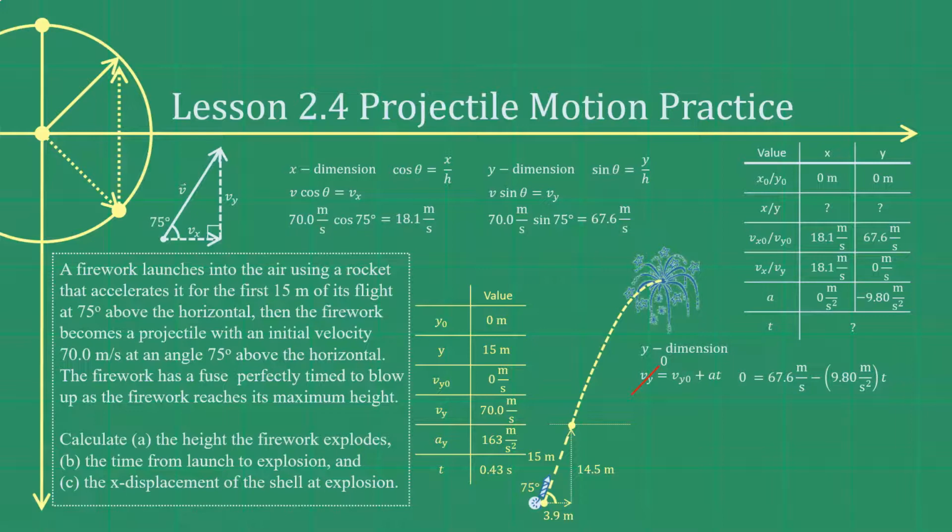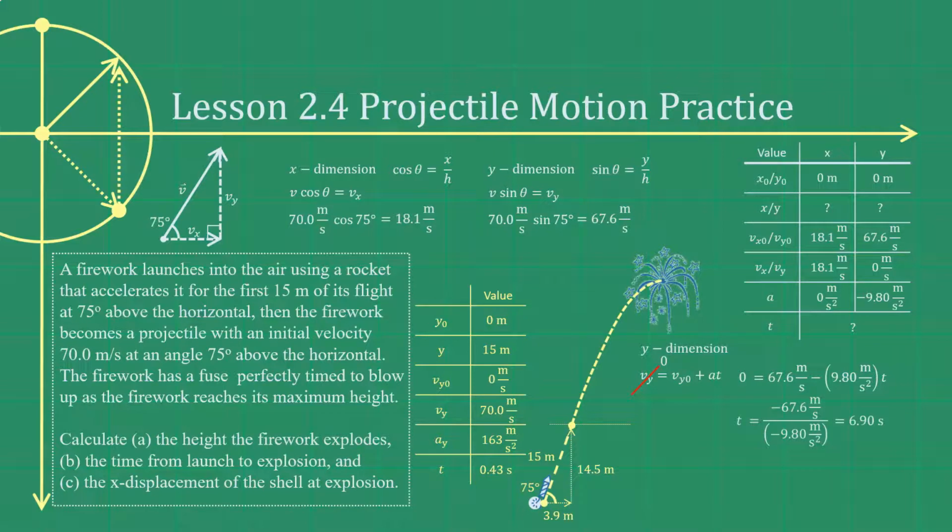Keep in mind, it's only minus because 9.80 meters per second squared was negative. So I could have written plus negative 9.8 meters per second squared. I just chose to use the minus sign out front instead as my operation. I'm going to get t on a side by itself by subtracting 67.6 from both sides and dividing by negative 9.8. And I find that there is a time of 6.90 seconds.